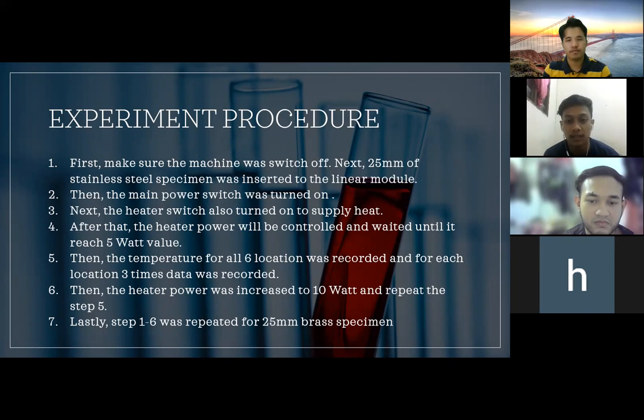After that, the heater power was controlled until it reached the 5 watt value. Then the temperature for all 6 locations was recorded, and for each location 3 readings were recorded. Then the heater power was increased to 10 watt, and the step was repeated to record the data. Lastly, steps 1 until 6 were repeated for the 25mm brass specimen. That's all for me.